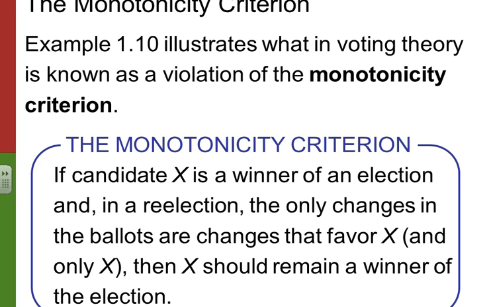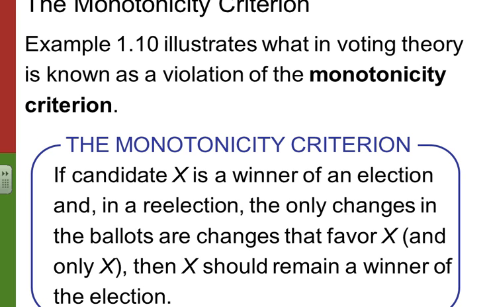Monotonicity. The monotonicity criterion: if a candidate X is the winner of an election, and in a re-election the only changes on the ballots are made in favor of X, then X should remain the winner of the election. What happened in the last example violates this criterion.